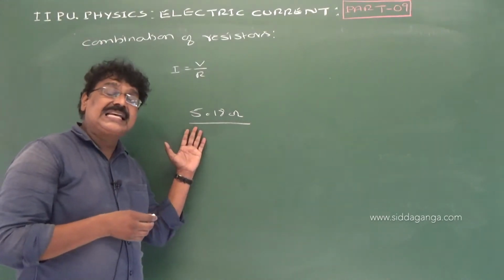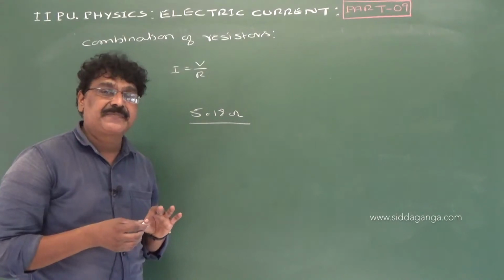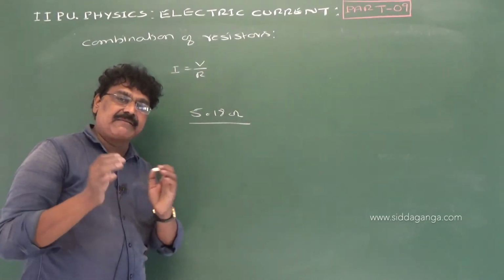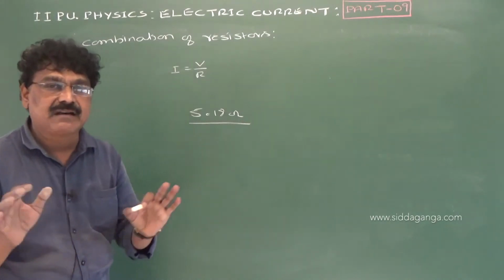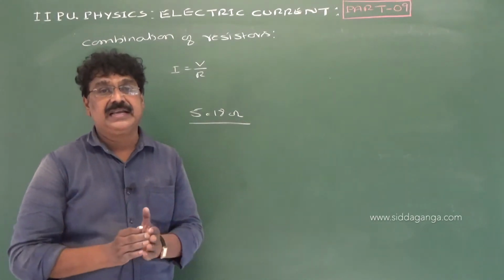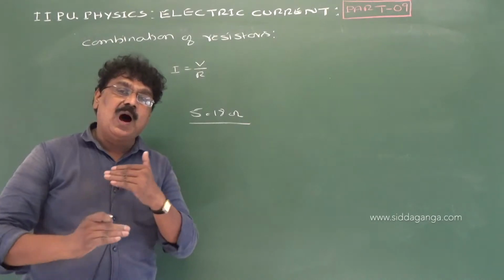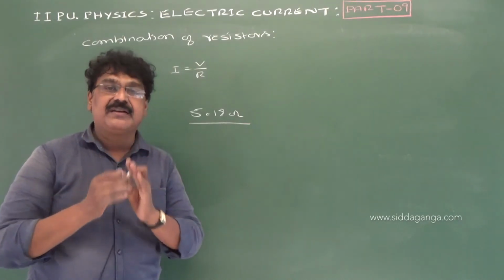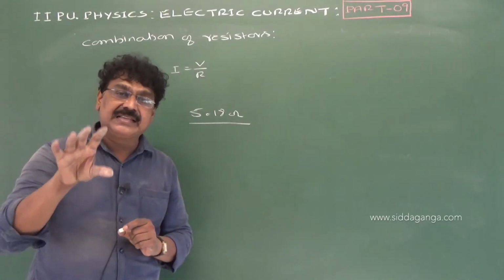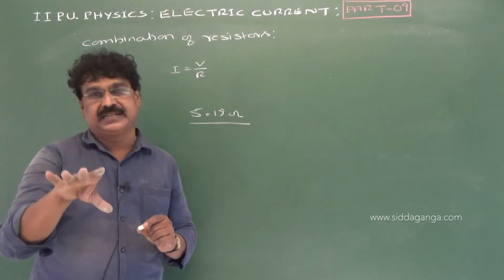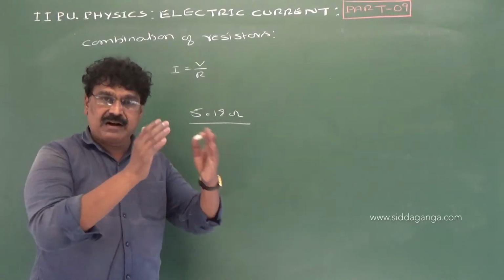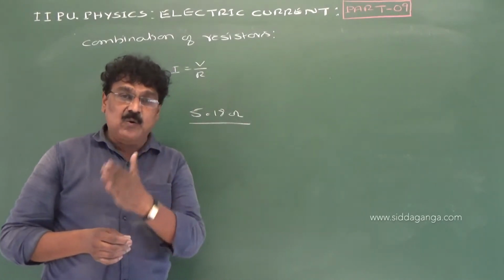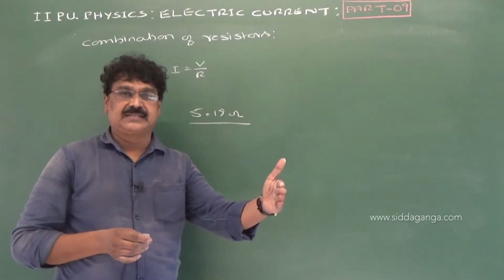Therefore, in such cases, whenever the particular value of resistance required in a circuit is not available in market, then two or more resistors can be combined to obtain the desired value of resistance, right? And that is called combination of resistors or grouping of resistors, right?